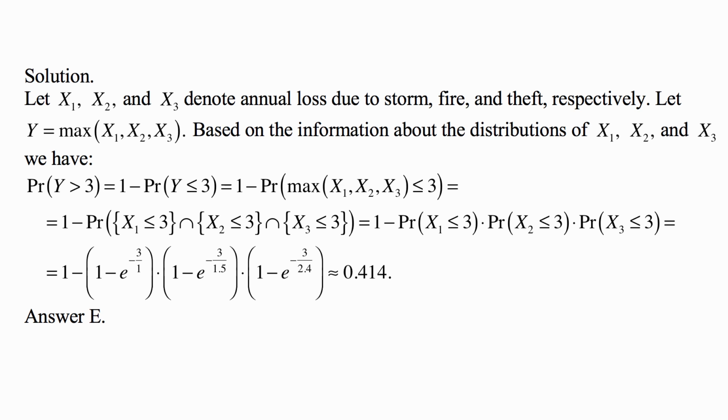And for an exponential random variable with mean mu, the probability of being less than or equal to some value x is 1 minus e to the minus x over mu, the mean. So in this case, this is 1 minus e to the minus 3 over 1 for the first one, 1 minus e to the minus 3 over 1.5 for the second one, and 1 minus e to the minus 3 divided by 2.4 for the third one.